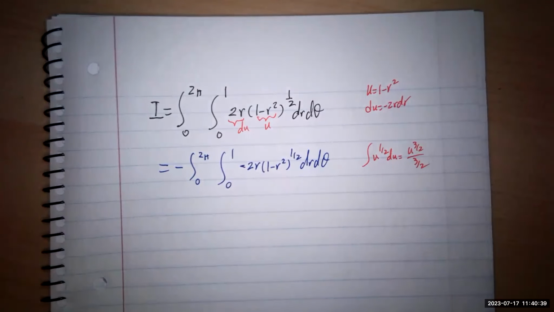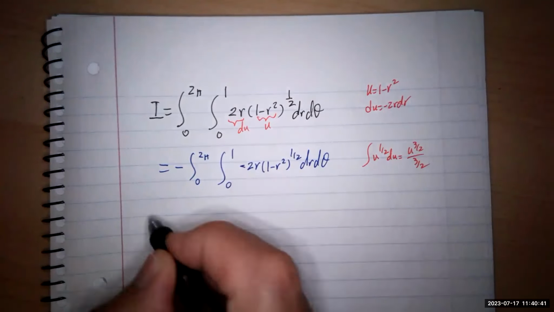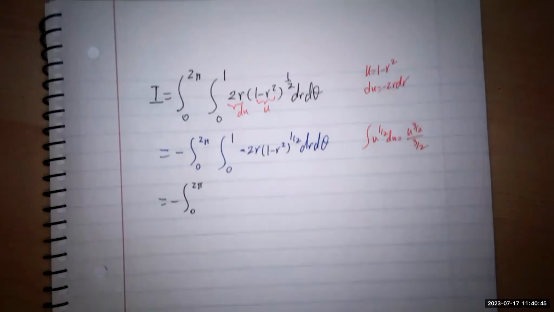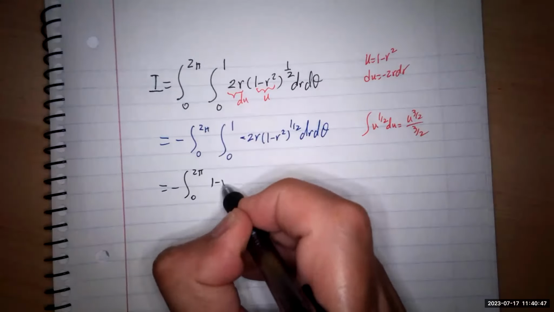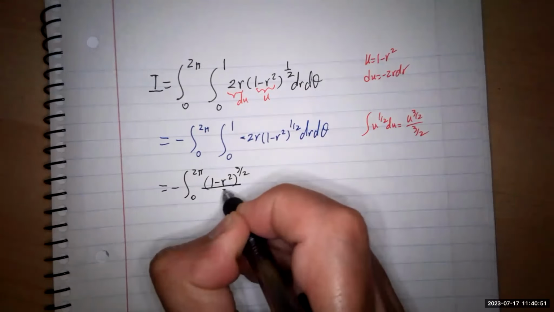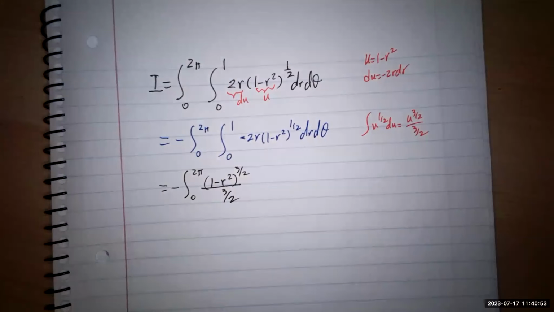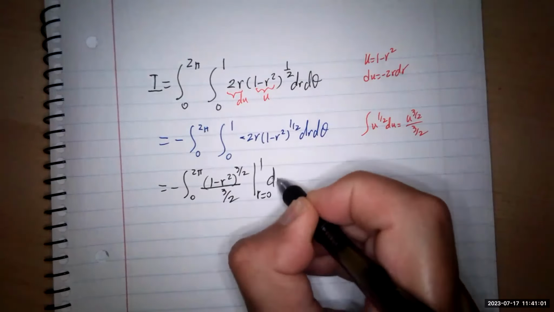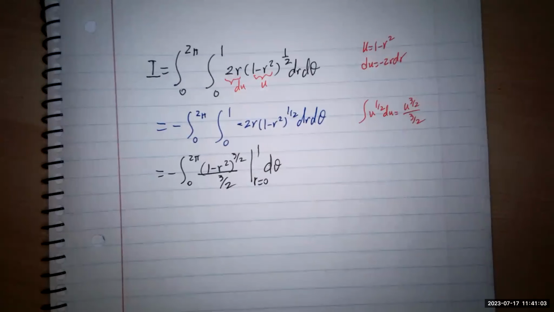So I do the same thing here. It's going to be negative 0 to 2 pi, and now the integral would be 1 minus r squared to the 3/2 over 3/2, with r going from 0 to 1. And when you're done, you come back and you get the d theta there.